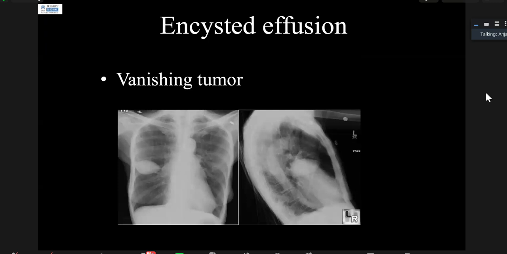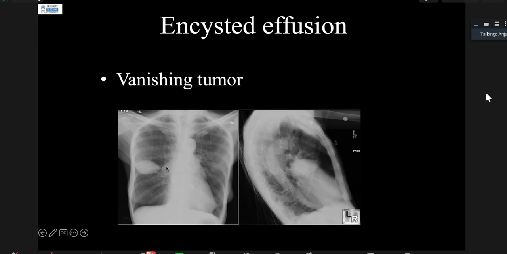So we're coming to what we call encysted effusion. This is what we discussed earlier. There is fluid which is loculated within the right horizontal fissure. On an AP view or a frontal view, PA view, it would look like this. And on a lateral view, this is how it is going to be seen. Okay, so it is between the two layers of visceral pleura, right?